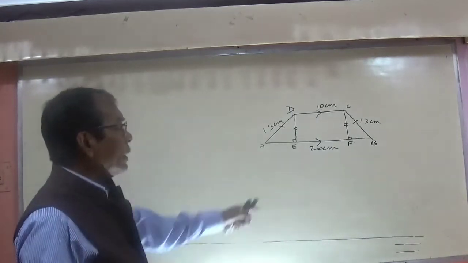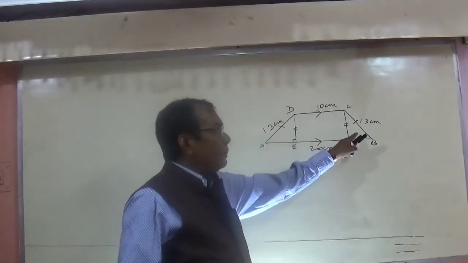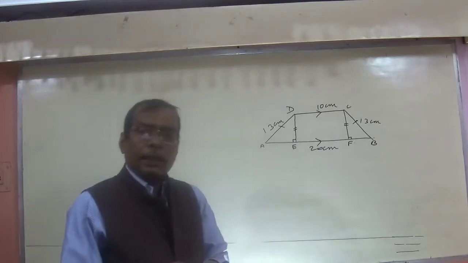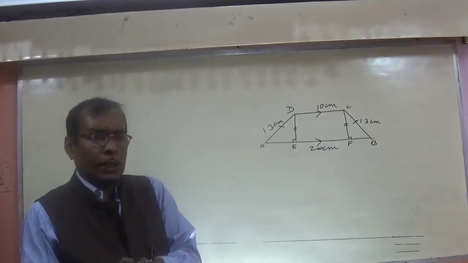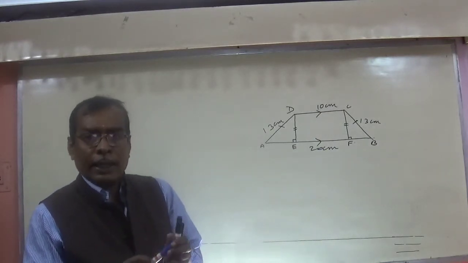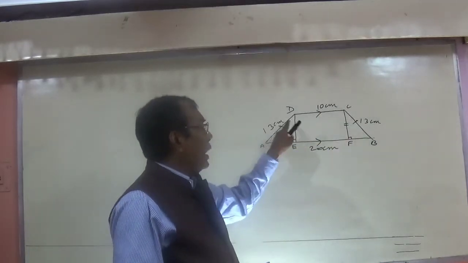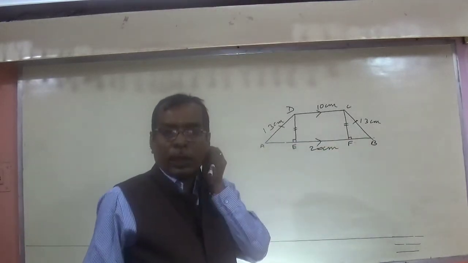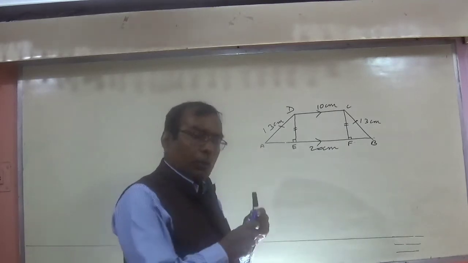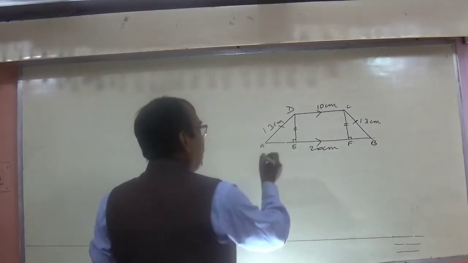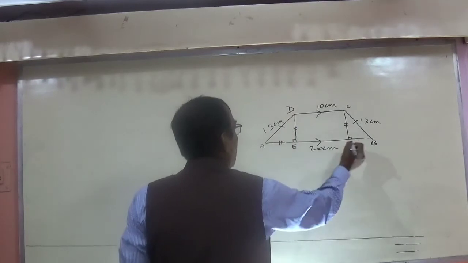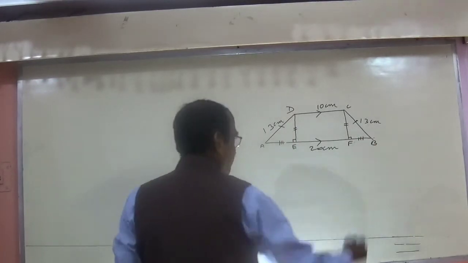If we compare the two triangles AED and BFC, both are congruent by the right angle, hypotenuse, side criterion. So they are congruent, and therefore definitely these two sides are equal.